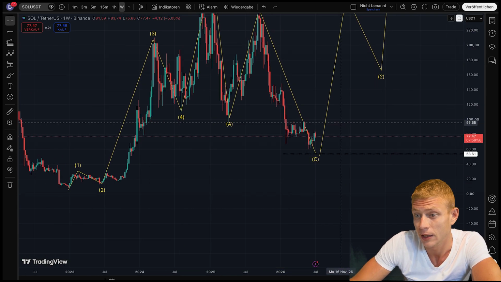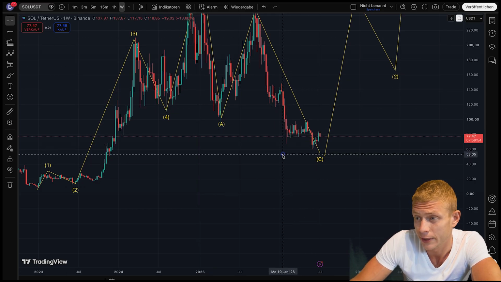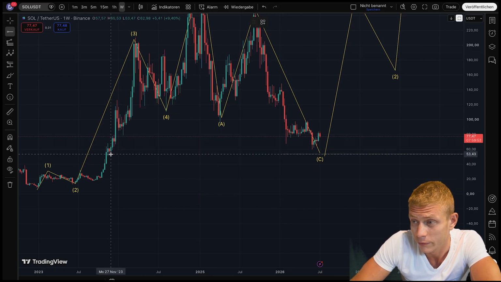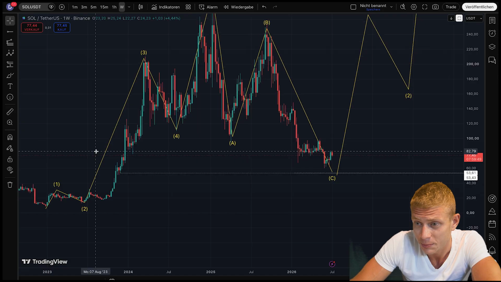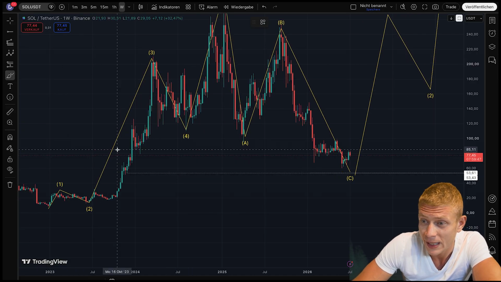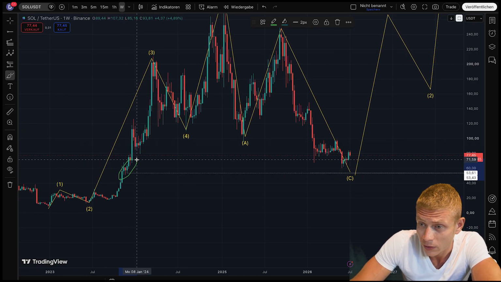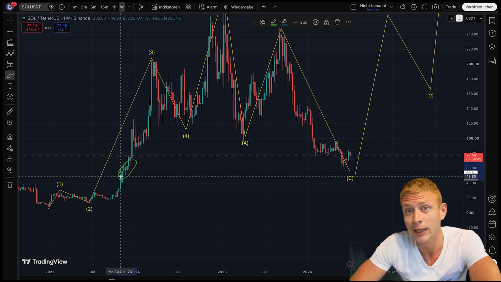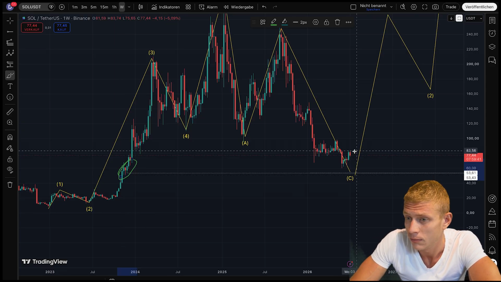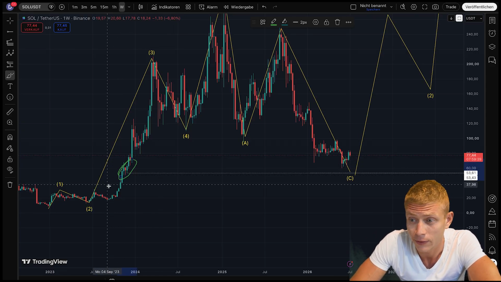And if we check, that is very confluent with the smart money concepts, because you can see we have many lows on the chart right over there. So the liquidity sweep would suggest that liquidity is on the chart right over there.